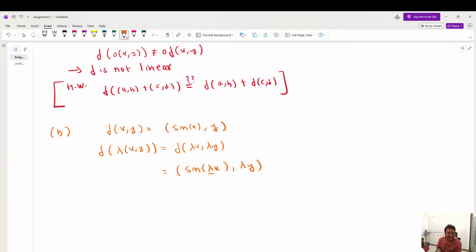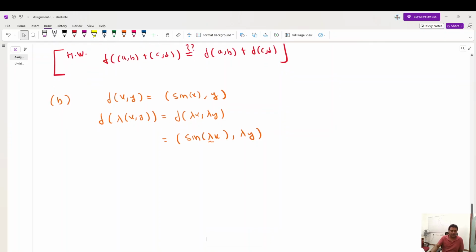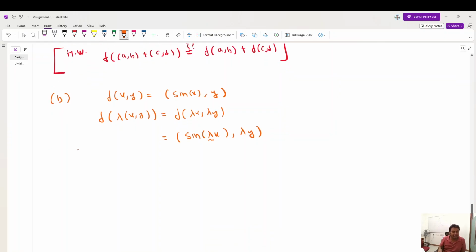So let us again take some particular choice of points. Your choice should be very simple, guys. For example, let lambda equal pi and (x, y) equal (1, 1). By definition f(pi, pi) is (sin pi, pi). What is sin pi? It is 0.